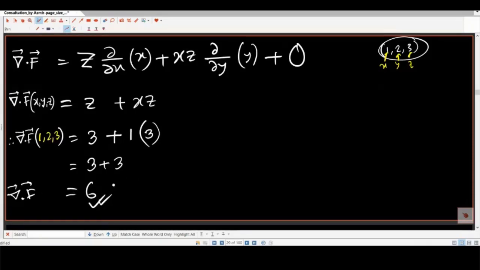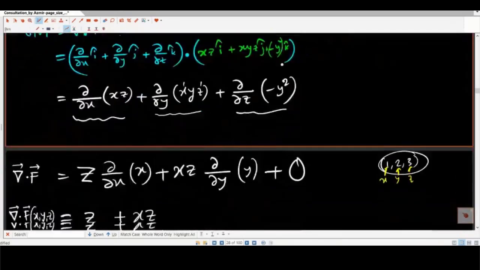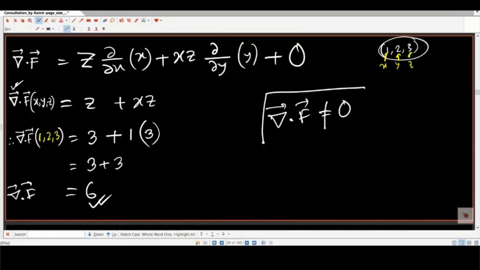So we can draw a conclusion, we have to check whether f is incompressible or not. Here we can see that divergence of f is equal to 6, or z plus xz. So this is not equal to 0. If divergence equals 0, then we can say the field f is incompressible.